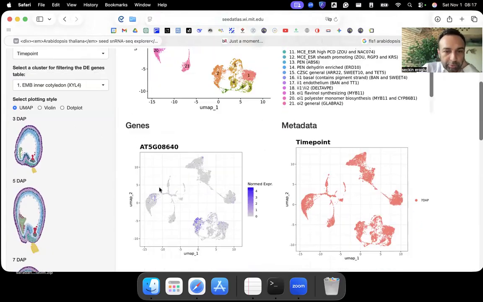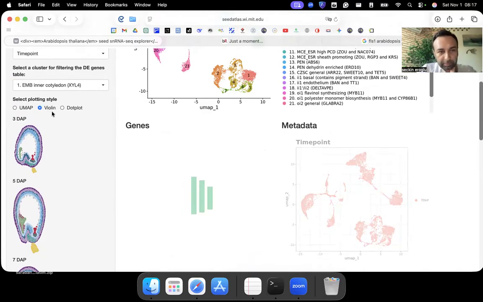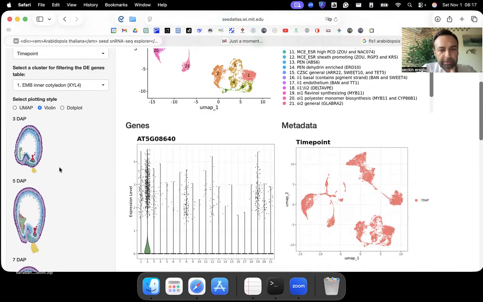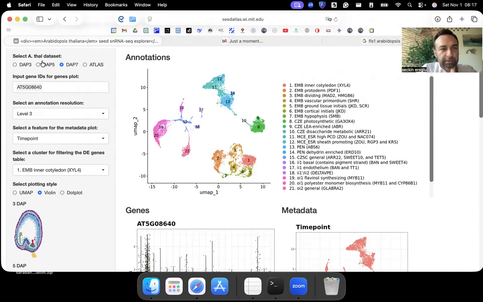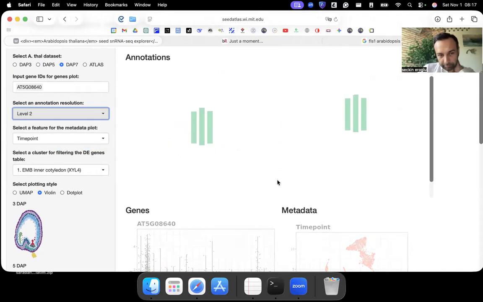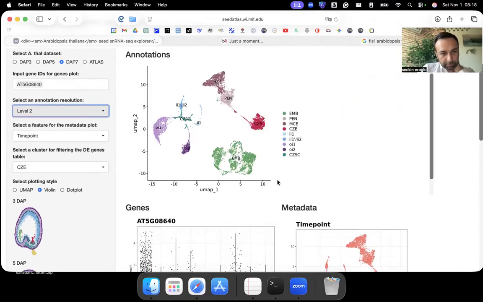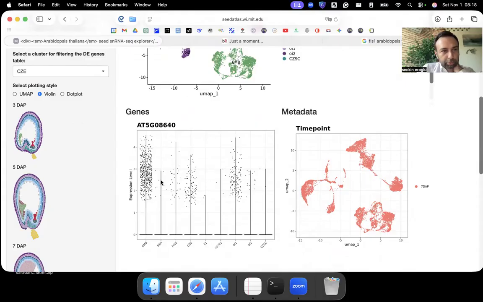We can also show this data in different styles, like I think the violin plot is really nice, but it's a bit complicated. Let's do it level 2. So level 2 violin plot. You see in embryo, caudal endosperm, OE1.